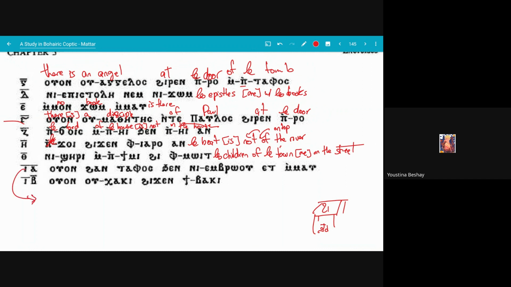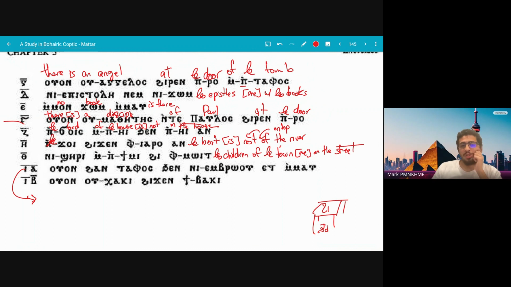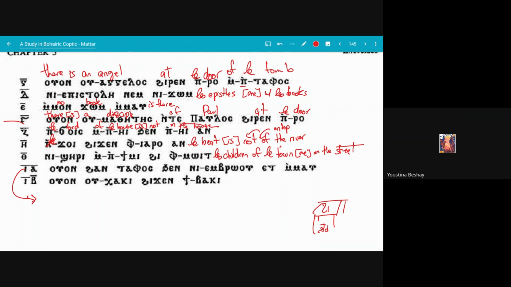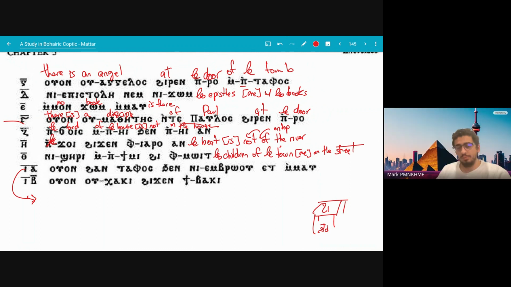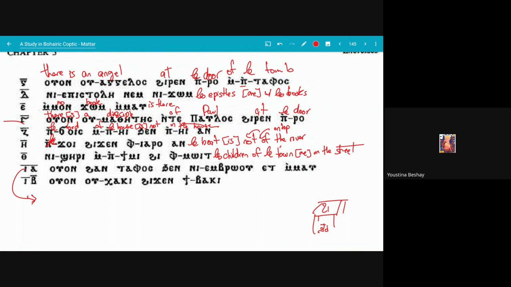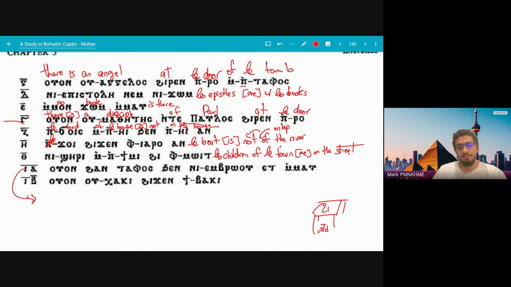On or one? U on Han. U on hud. Tafos. So make your O short. Yes, tafos. Pen.